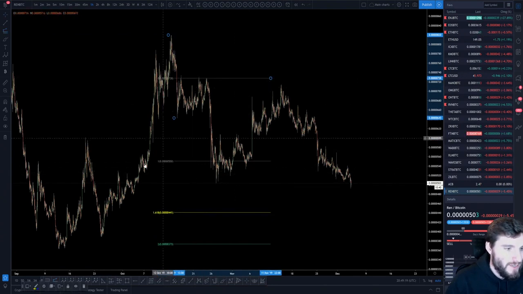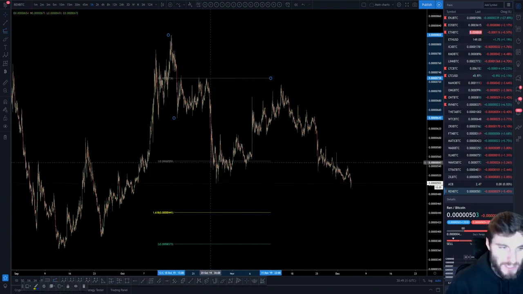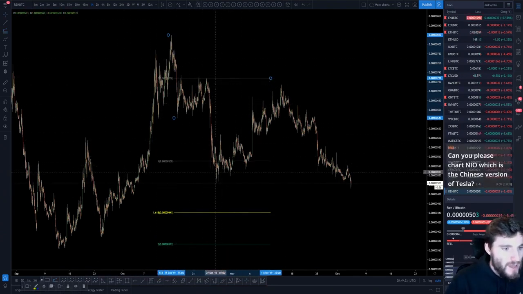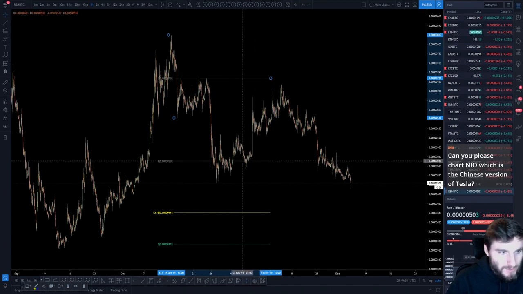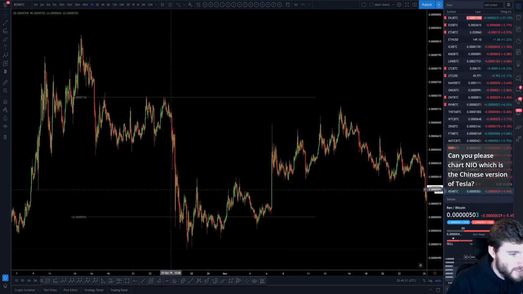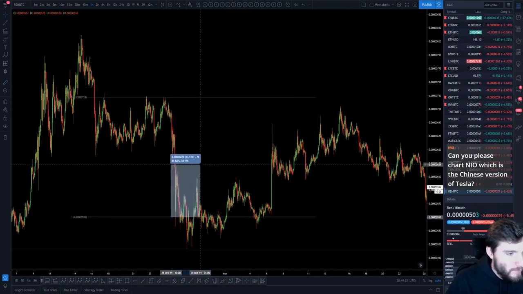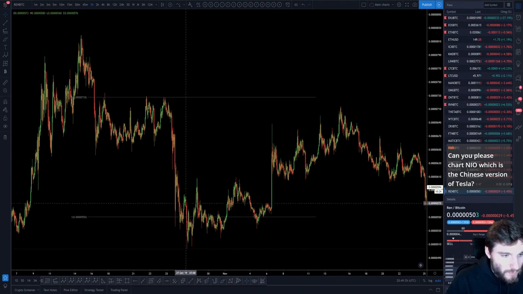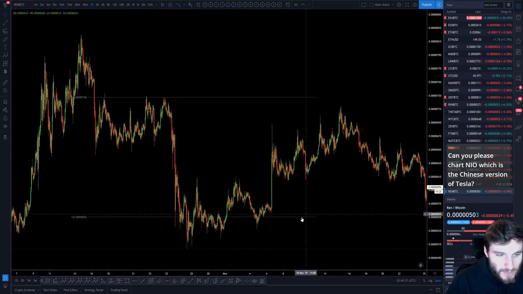Again, you're going to be using other tools. Every tool that I've covered thus far we can be using as confluence, but around the 1-to-1 here, no crazy confluence there, but a little bit of reactions. I guess 1-to-1. Here you bounce 14%, before eventually going around the level, and big SR level around it. You can see, can't you? There's a lot of buys and sells going on around that level.